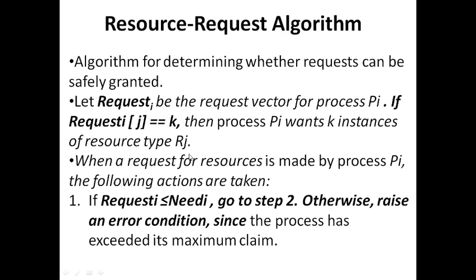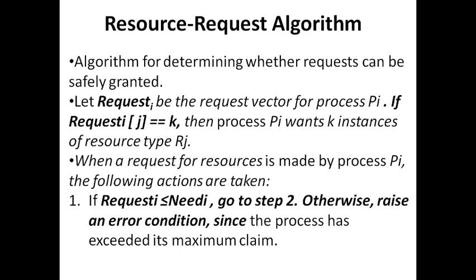So when a request for a resource is made by process Pi, the following actions will be initiated. Step 1, the first thing you have to verify is whether that request is legal or valid. What do we mean by a request of a process being legal or valid?